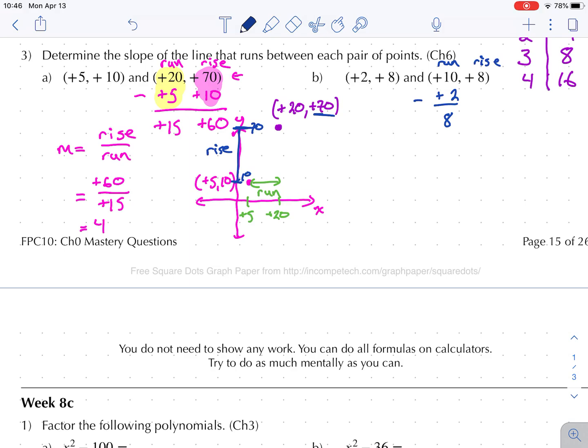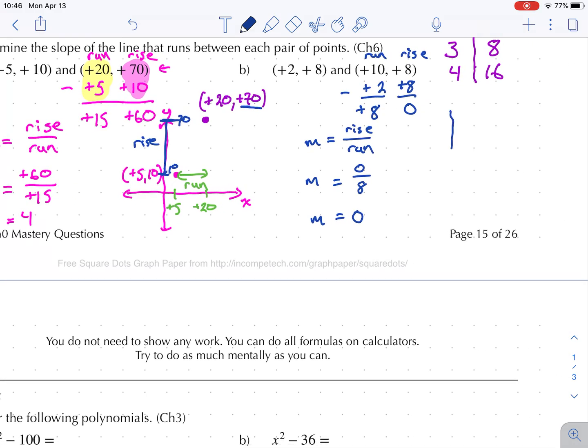To figure out my rise, I do plus 8 subtract plus 8, which will give me a rise of 0. So my run is 8, and my rise is 0. So my slope is equal to my rise over my run, which is equal to a rise of 0 over a run of 8, which is equal to 0.